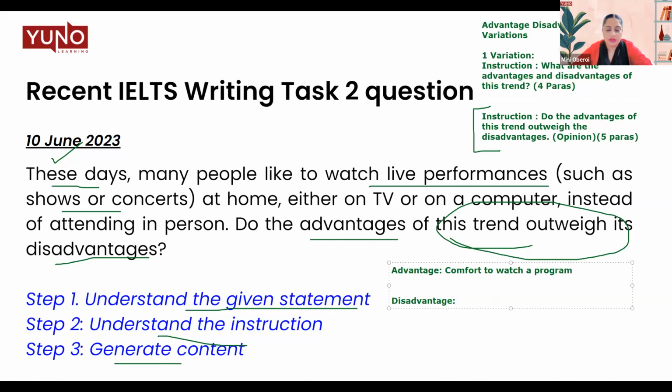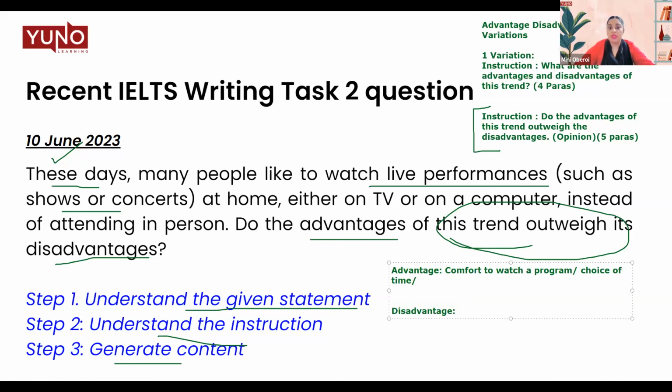This is a benefit, right? You can watch it in comfort, and comfort is also related to time. Let's say, choice of time. Now, maybe you are a working professional, you work in a different shift.